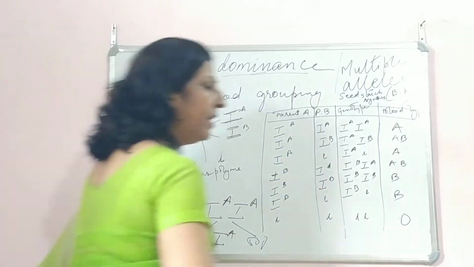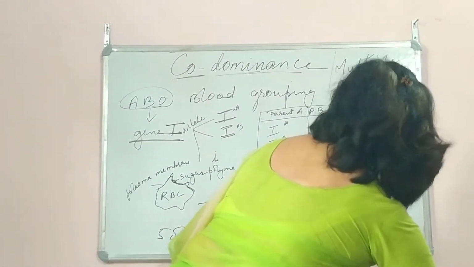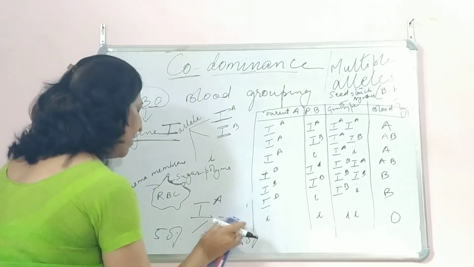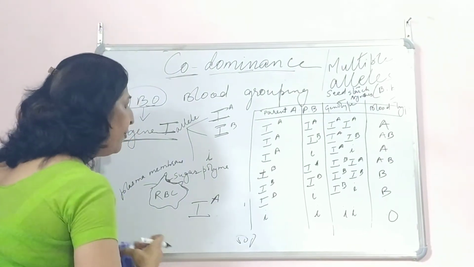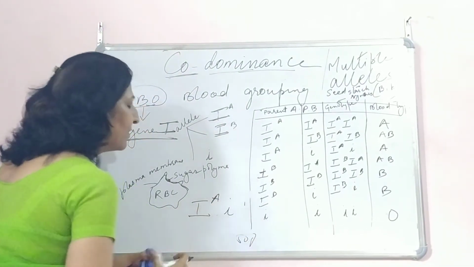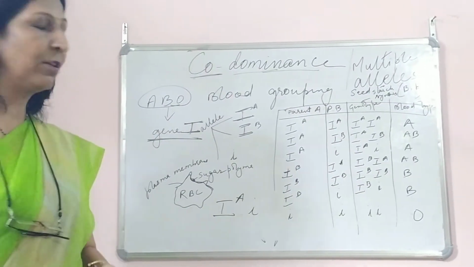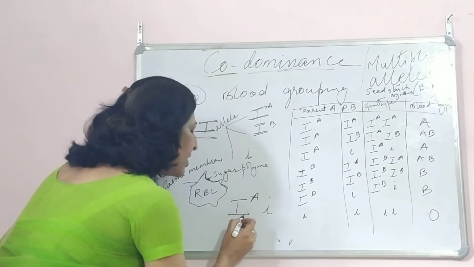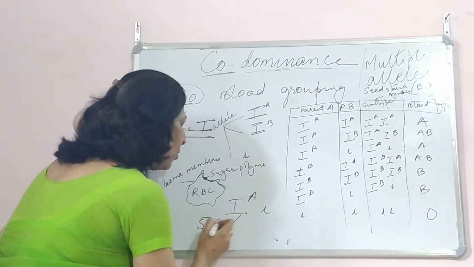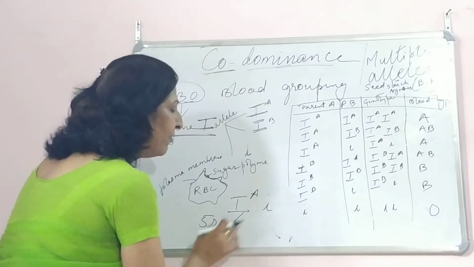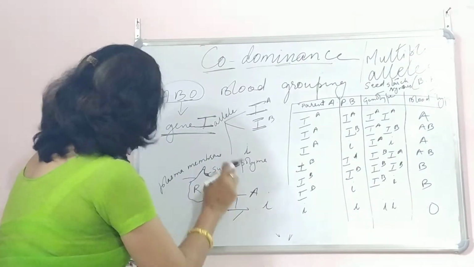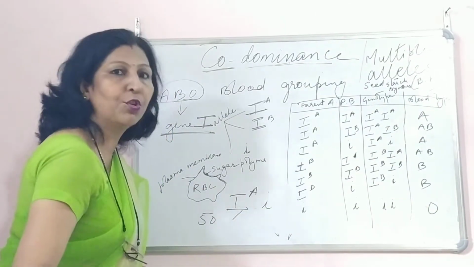The same thing if we have IA and i, the father will exhibit A blood group only. So 50% of the gametes he produces will have this A sugar coating, and the other will have no sugar coating.